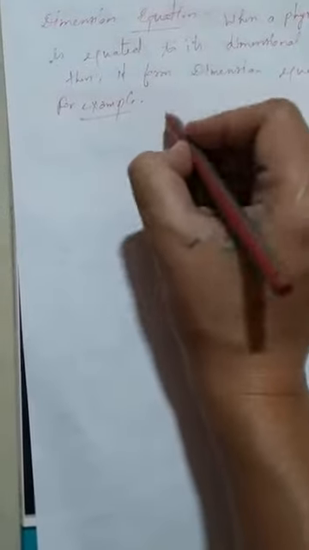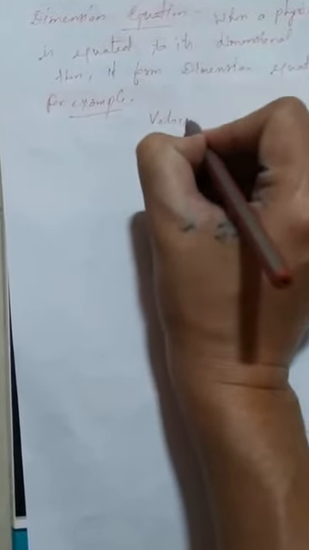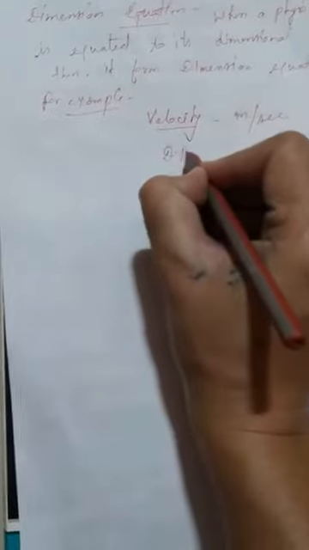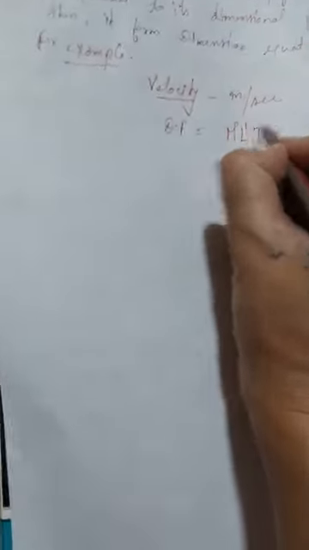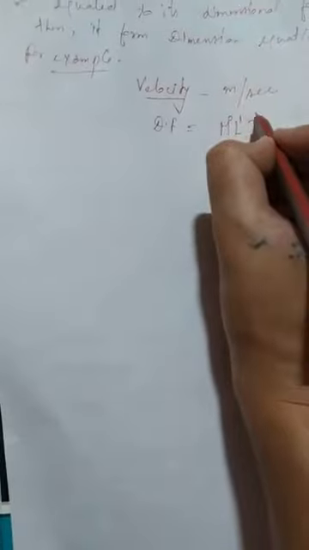For example, velocity, how can we write it? We know that the SI unit of velocity is meter per second, and meter is the length term. Then the dimension equation we can write as M L T. Here M is 0, L is 1, and per unit time, divided by time, we write -1, keeping it in square bracket.